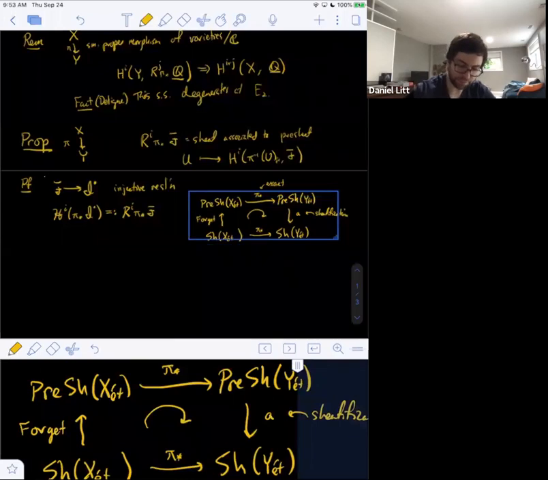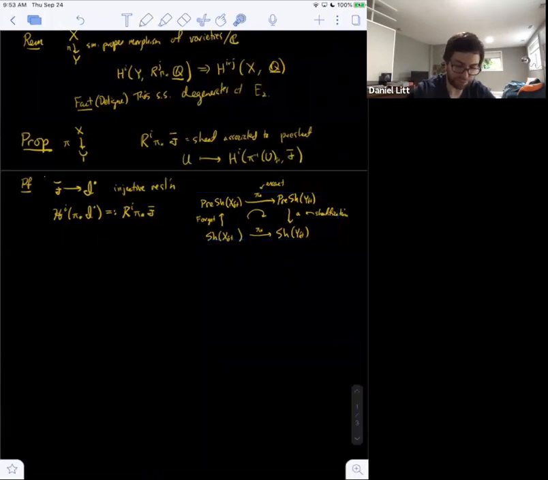I claim, first of all, that just as a bare functor, doing this is the same as doing this, and you can just check on the values of your sheaf or pre-sheaf up here. So the question then is why, when we apply A to this pre-sheaf, we get the push forward. Why does it stay the same?